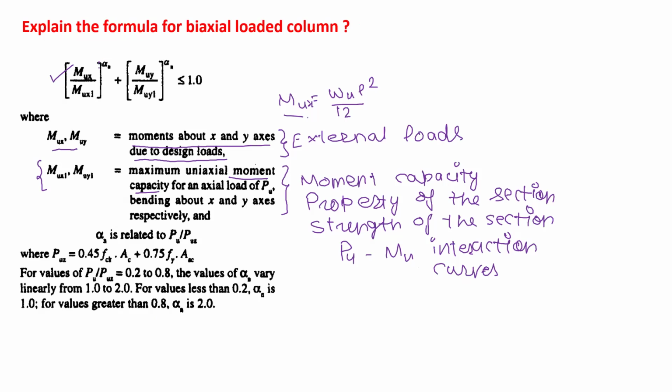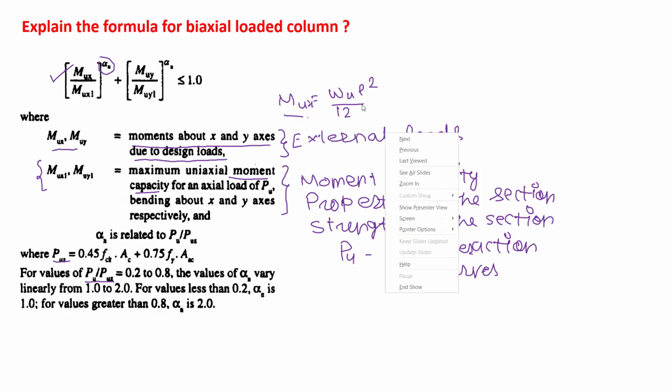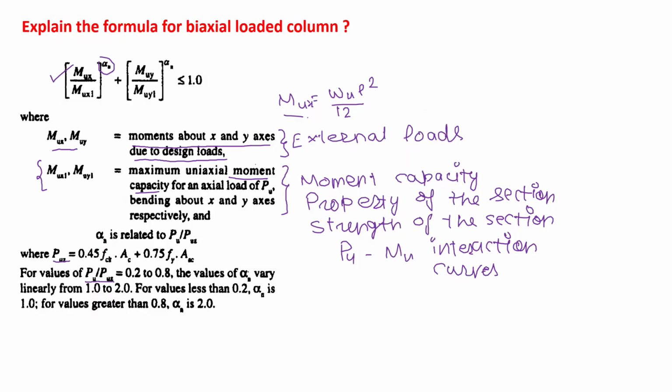Then the next part is alpha n, which is given, for which we have to find PUZ and then PU upon PUZ. PU value is given to you.